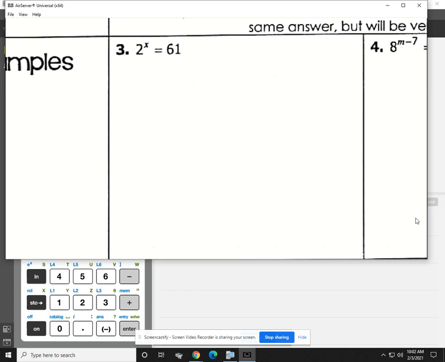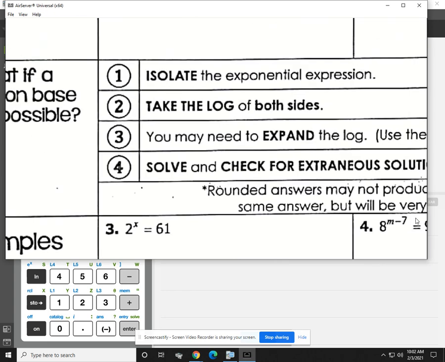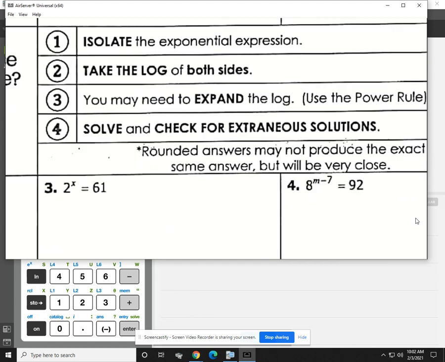So there's a second method that we need to know in order to solve exponential equations when I can't create the bases the same. The only problem is a lot of times after I show people this, they don't go back to the other method, okay? So here's the method. We're going to first make sure we isolate the exponential expression. Then I want you to mark this off.